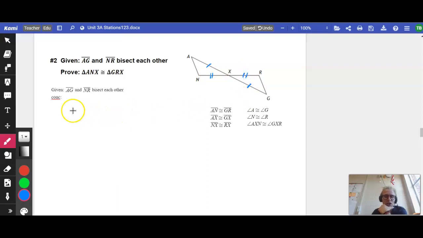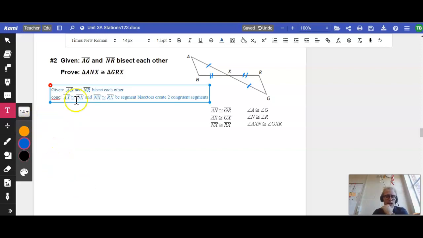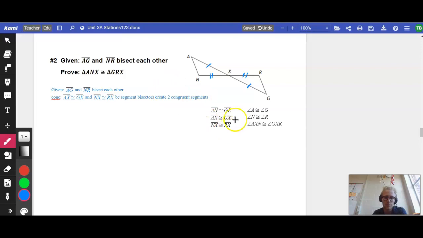They're cutting each other in half. So my conclusion here will be just that. There you have it. AX is congruent to GX, NX is congruent to RX, because segment bisectors create two congruent segments. So now I can mark these off from my list and check my given off.